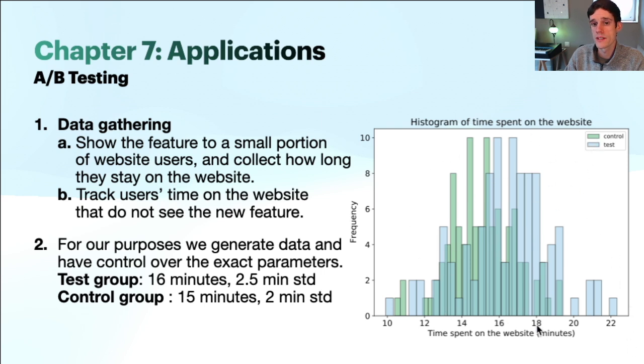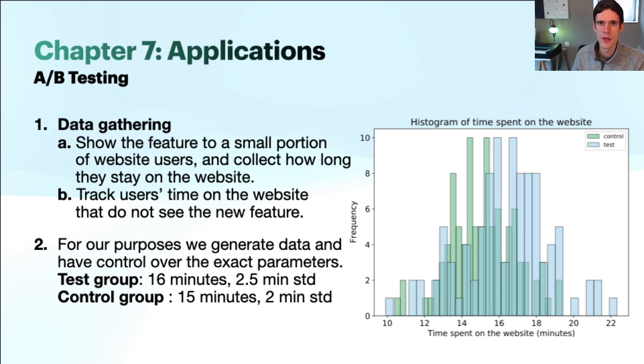Now, from only this histogram, of course, you wouldn't want to draw any conclusions because then management will be very cross with you. And then the task you are given now, and the challenge, is whether the difference between this average time spent on our website, between the test group at 16 minutes and the control group at 15 minutes, is indeed representative for the overall populations if we were to roll out this feature.